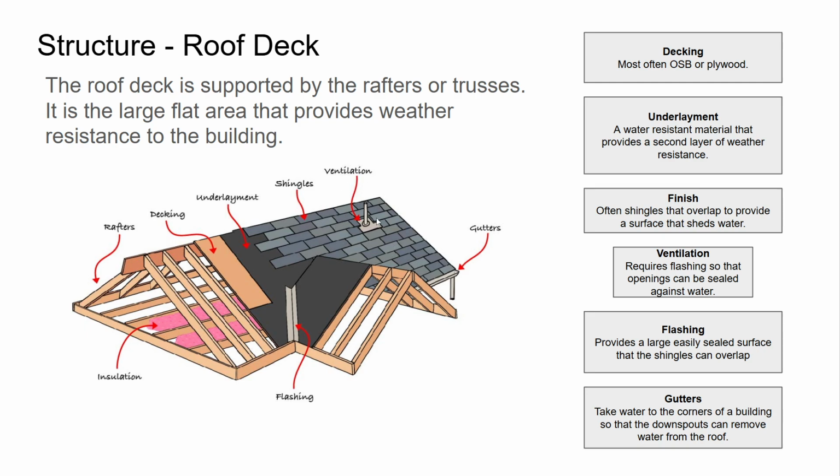And this process of getting the underlayment down, then putting flashing with the penetration, and then getting your finish over it, has to really be done right or you get problems.